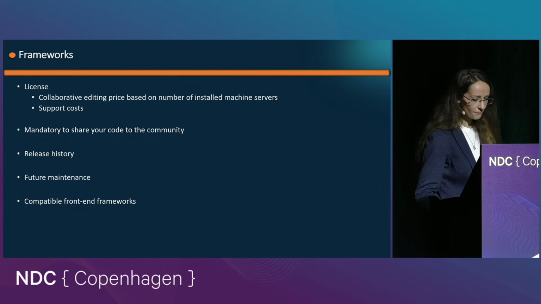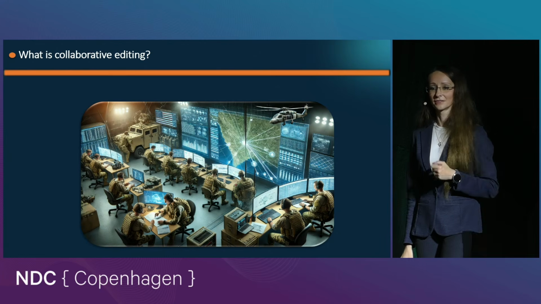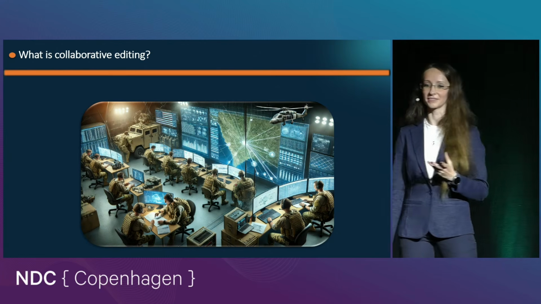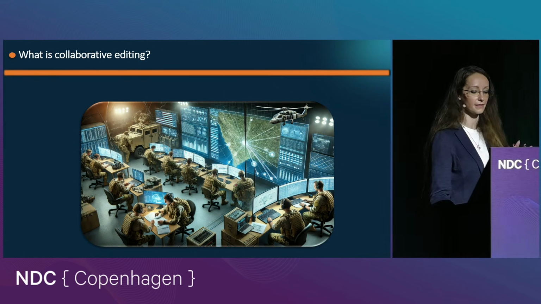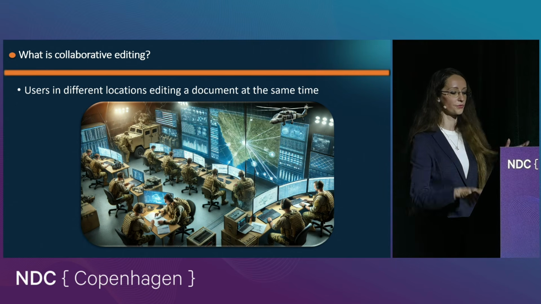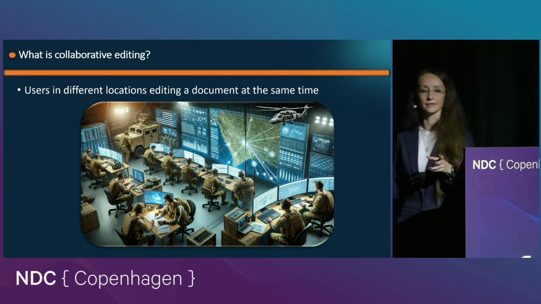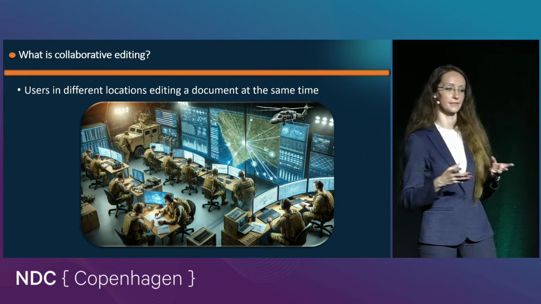So I've repeated a couple of times the collaborative editor keyword, but I haven't actually provided the definition for it. So what exactly is it? We wanted the capability of users that are located in multiple locations to be able to edit the document at the same time.